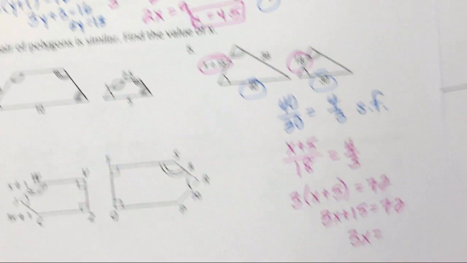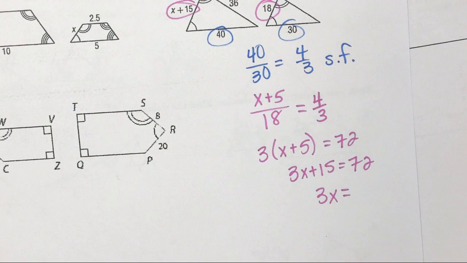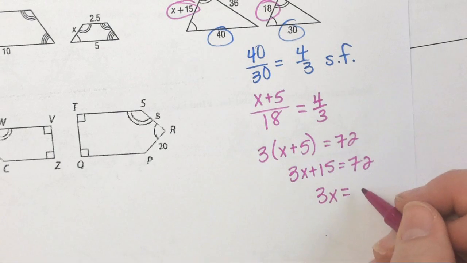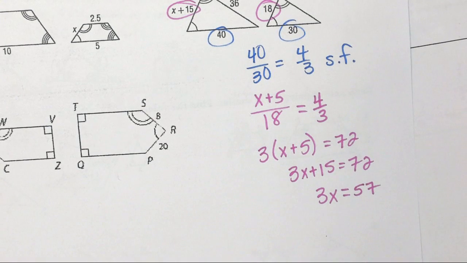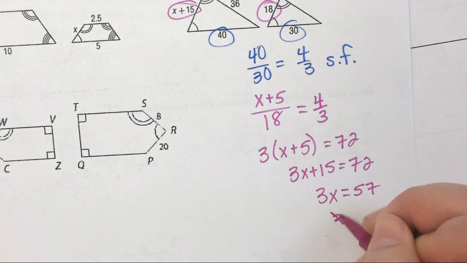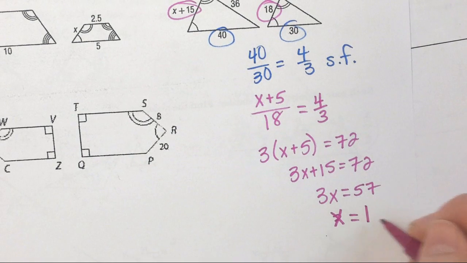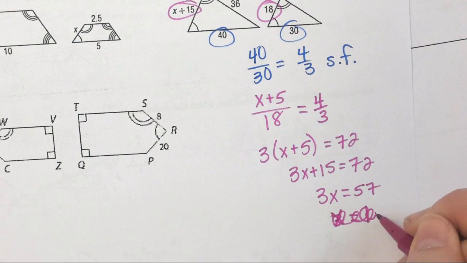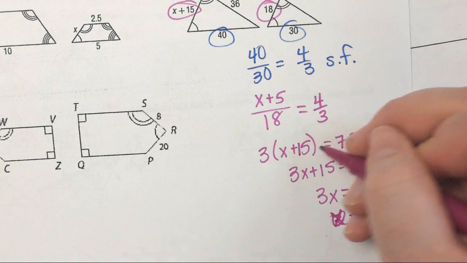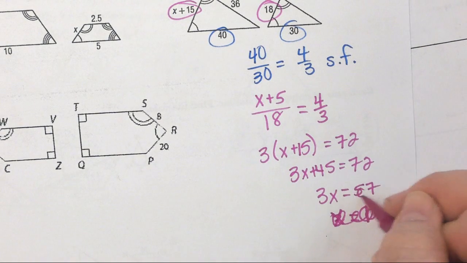So I subtracted 15 from both sides. What's 72 minus 15? 57. So 3x equals, so x equals whatever 57 divided by 3 is. No, you put x plus 5, and it's supposed to be x plus 15, and that's supposed to be a 45. So 3x equals what number?